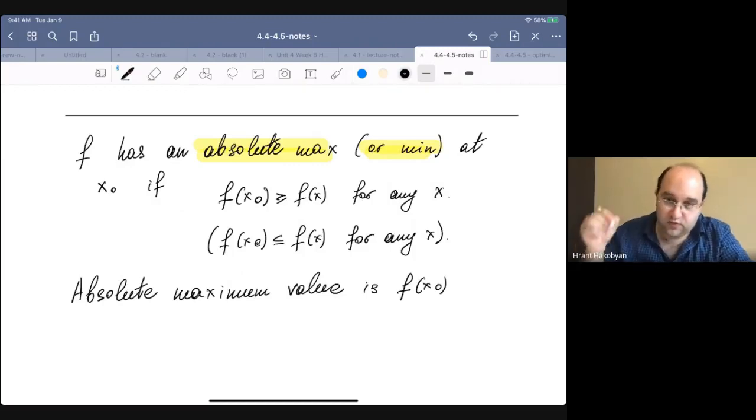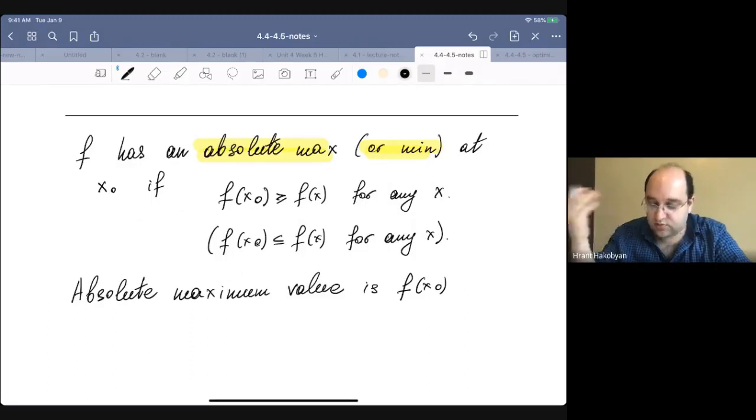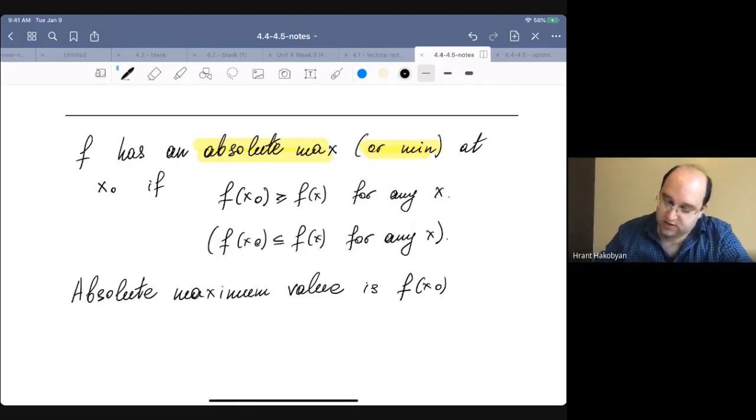So if you find the x naught where you have absolute maximum, we say the absolute maximum value is that number f of x naught, such that this condition holds.